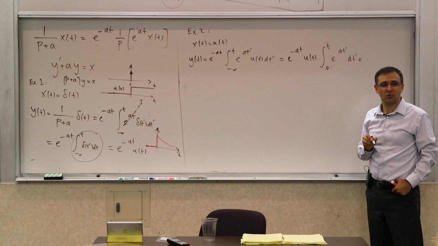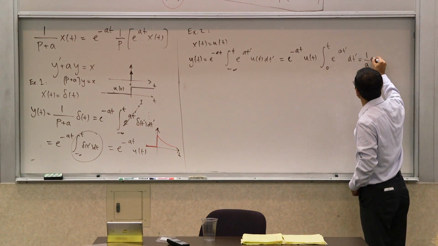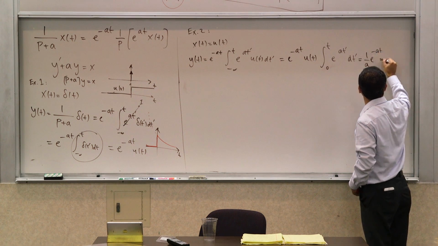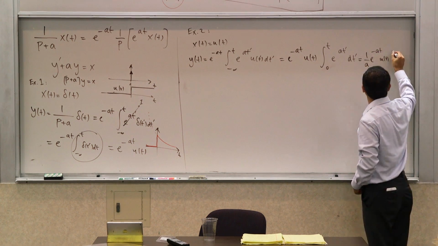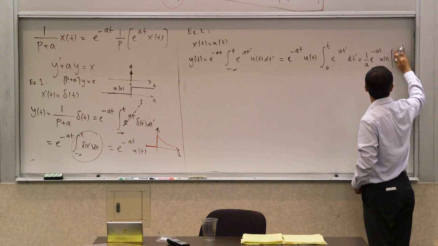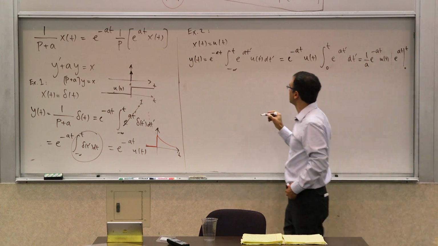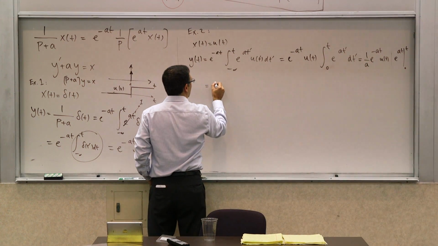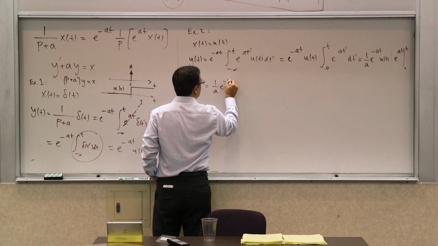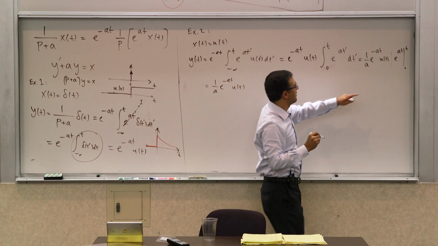So 1 over a. Okay, so 1 over a, I'll keep the stuff up front. So what do I have? e to the at evaluated from 0 to t, which is what? So I have 1 over a e to the negative at u of t, all the stuff I have to carry with me. Then what do I have here?